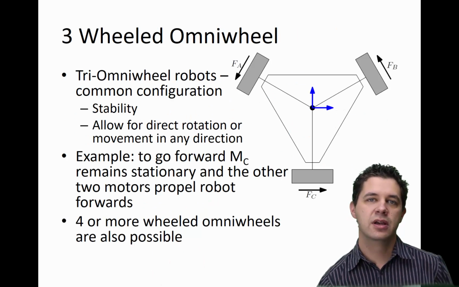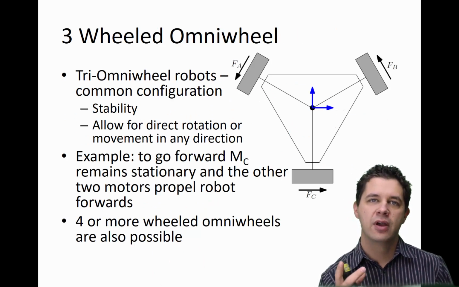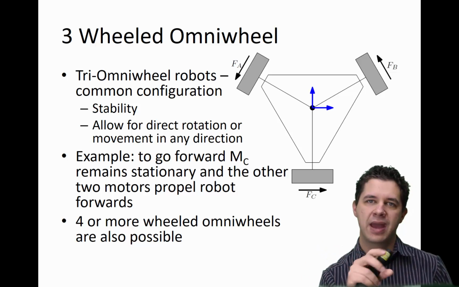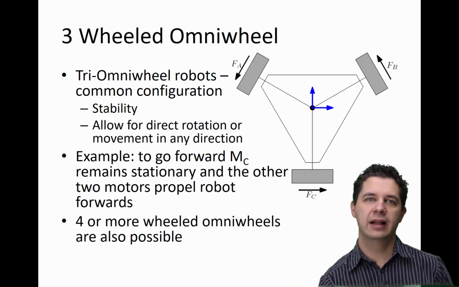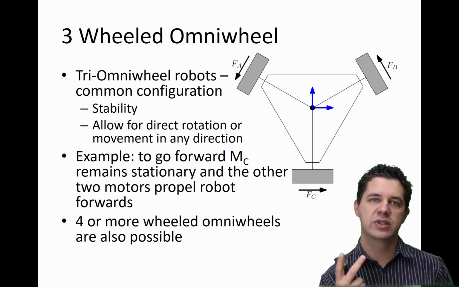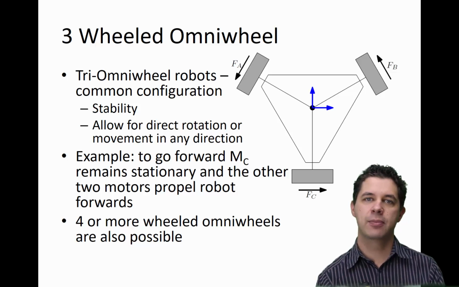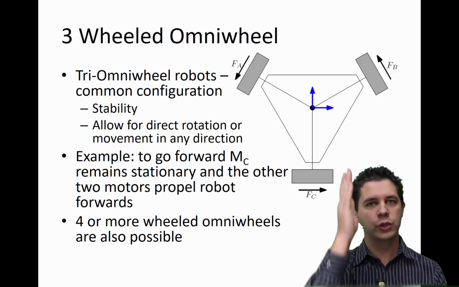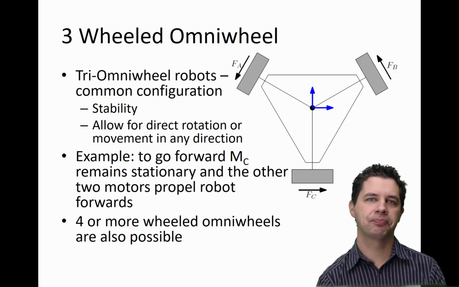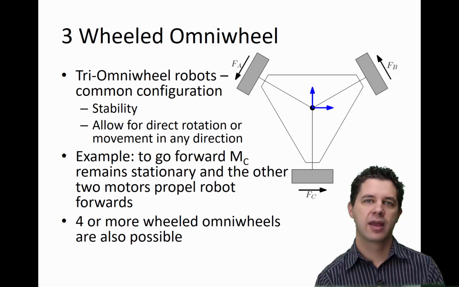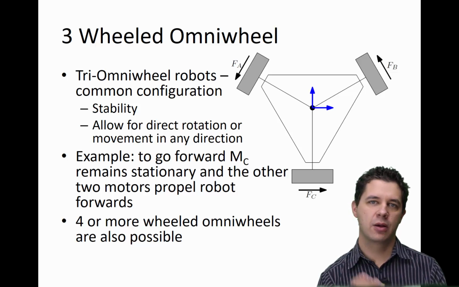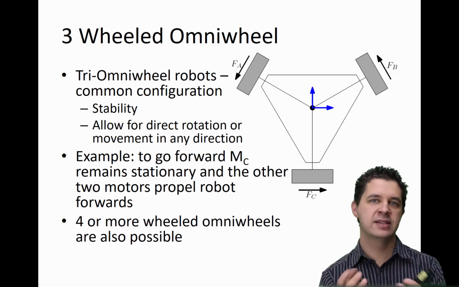So the way this looks diagrammatically, we have these 3 omni wheels that are mounted at 3 points of an equilateral triangle. These provide us with stability and allow for direct rotation and movement in any direction that we want to go. For example, if we want to go directly forward, or up in the slide here, the motor at the bottom, motor C, or the force C associated with it, remains stationary.